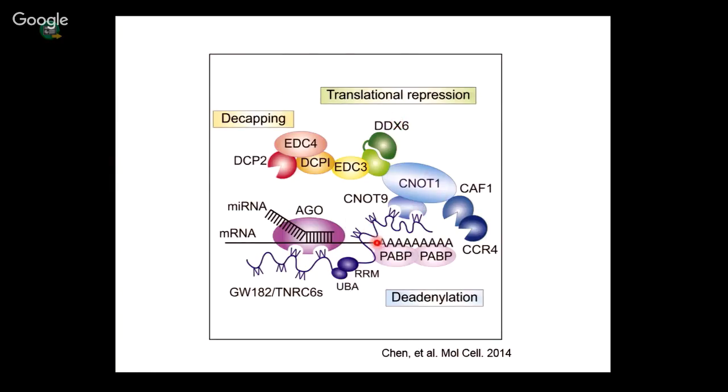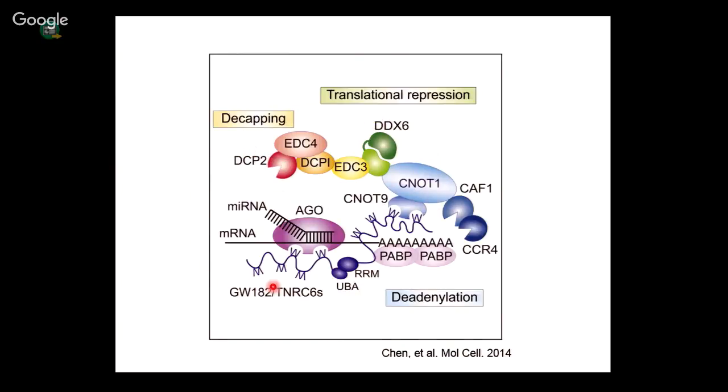So here is a zoom in of the AGO and microRNA complex, and GW182, also called TNRC6 protein, interacts with PABP and brings in the CNOT complex, then EDC3 and DDX6 and hooks on the decapping complex.